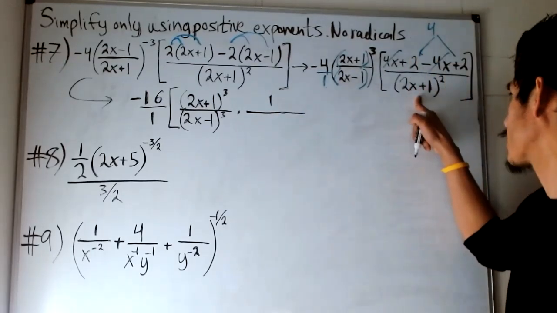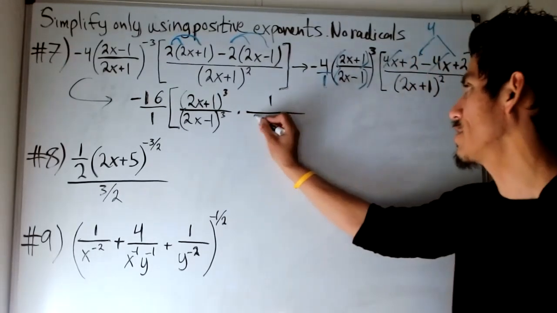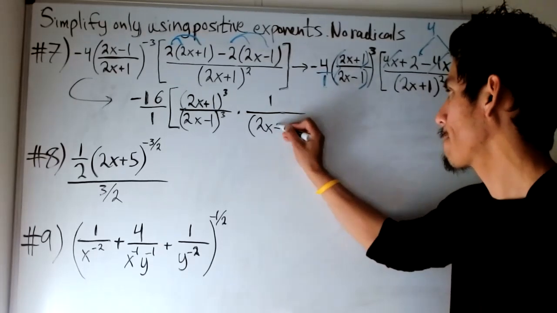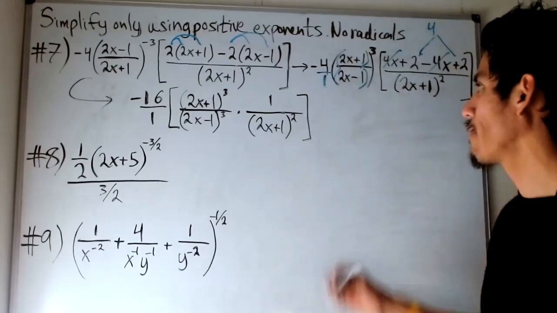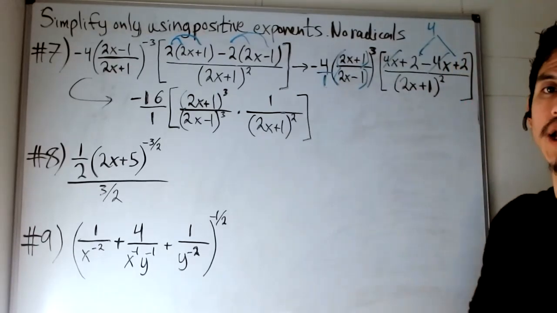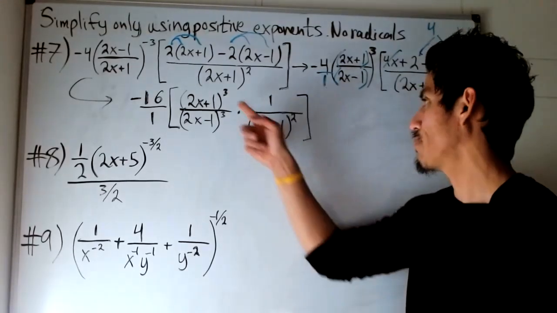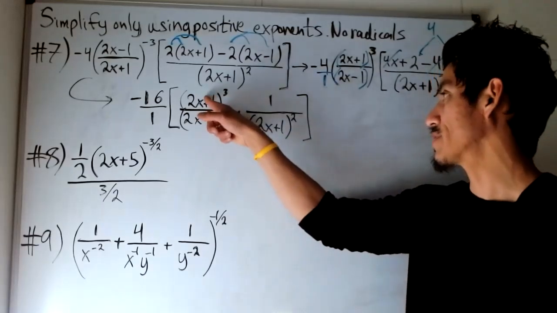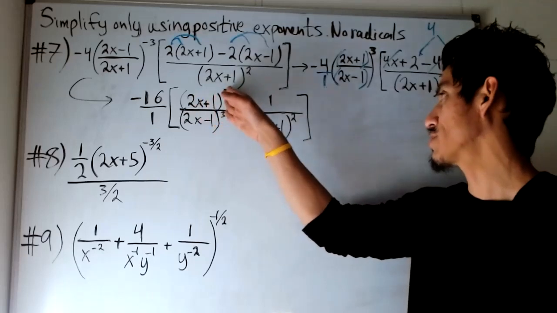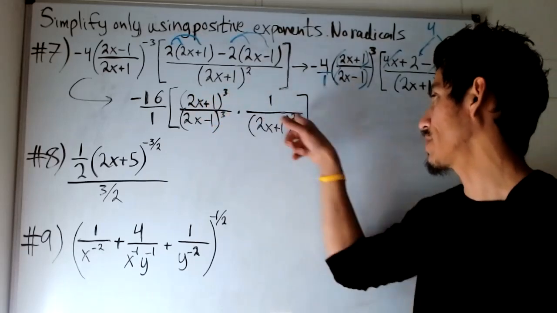But here we have a 2x plus 1 all to the second power in the denominator. And now you can power these down because they're both the same groups. So you can basically have just 2x plus 1 to the first power here because you're going to do 3 minus 1 as the exponents.